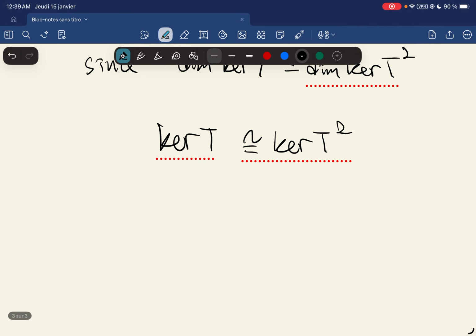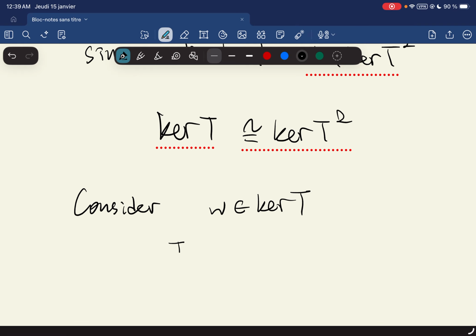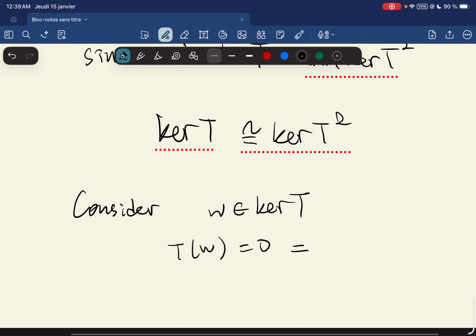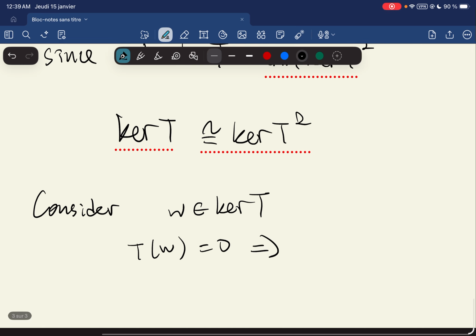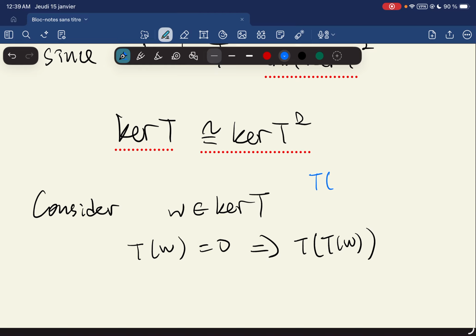If we consider an element, for example, call it w, that is inside the kernel of T, by the definition of kernel, T of w equals 0. If we apply the function again, T of 0 is 0, since T is a linear map.